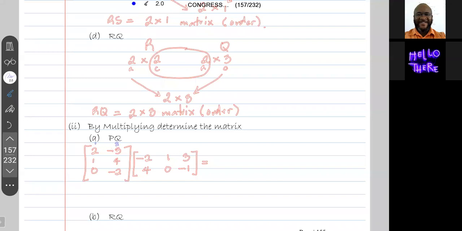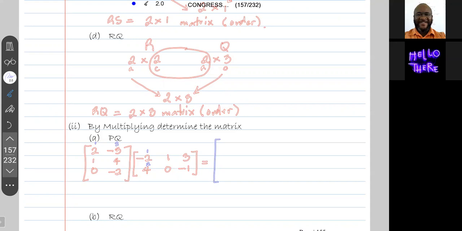I've just identified the first and second element in the top row and the first and second element in the left column. If I multiply the top row by the left column, I'm going to get the top left element in the answer.